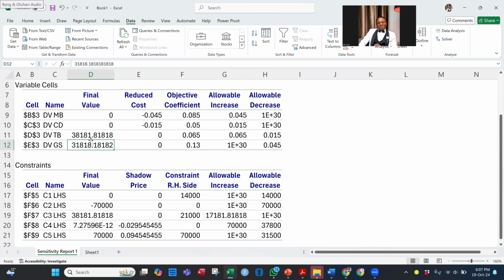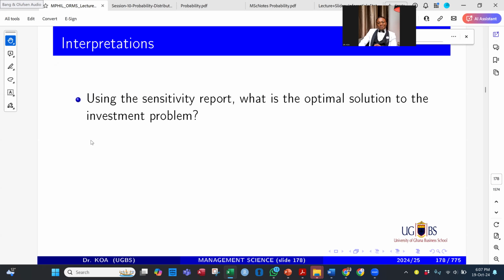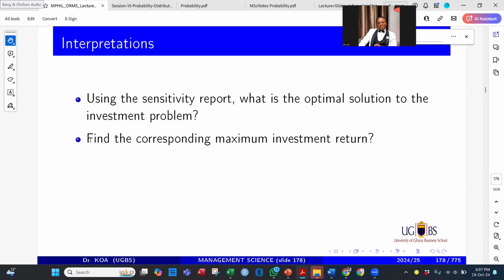Okay, next question. The next question says, find the corresponding maximum investment return. How do you do that? Write the question down. Before you say that you have forgotten the question and you don't remember the answer.